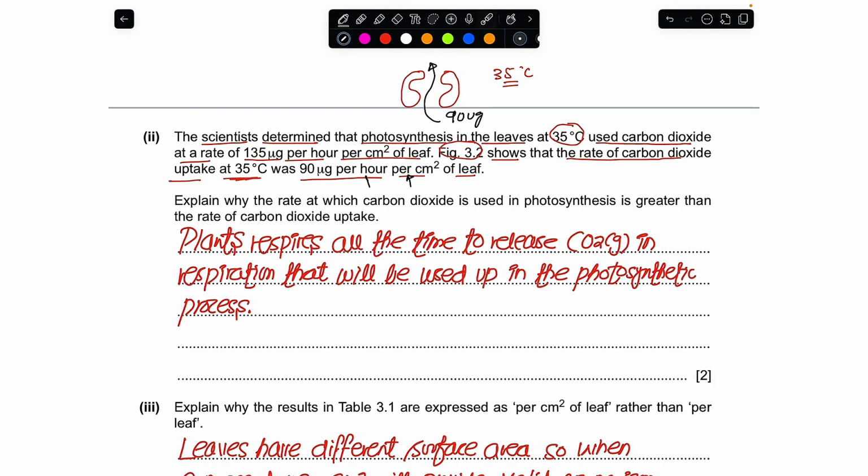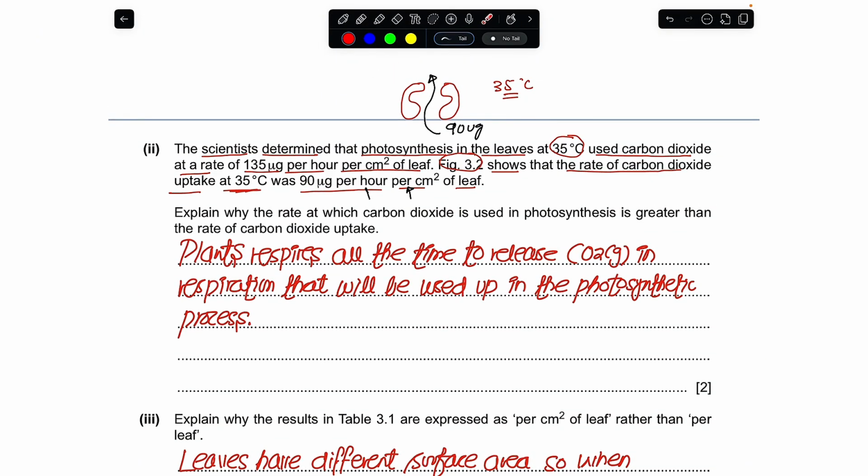But originally within the leaves, the carbon dioxide being used up for photosynthesis is higher. Like, CO2 diffusing in is 90, but within the plants, the CO2 being used up within the chloroplast is higher. This is 135. So that would mean that against the uptake, that is 90.